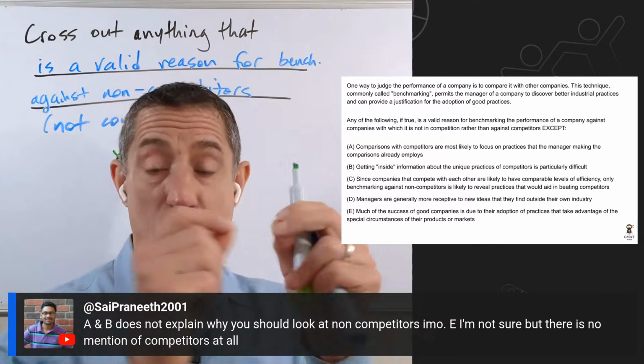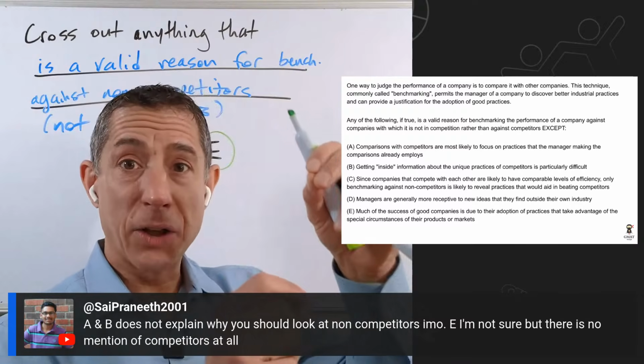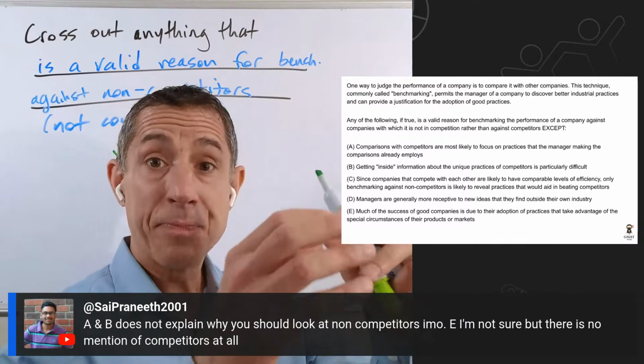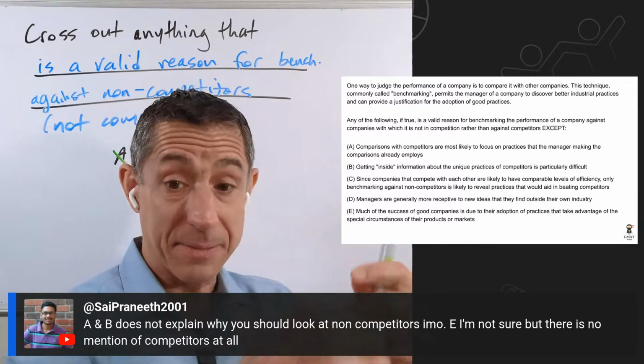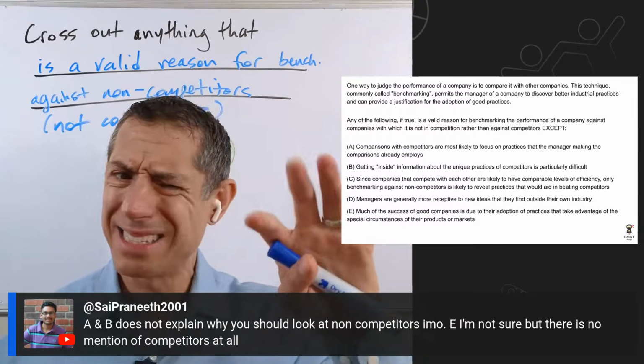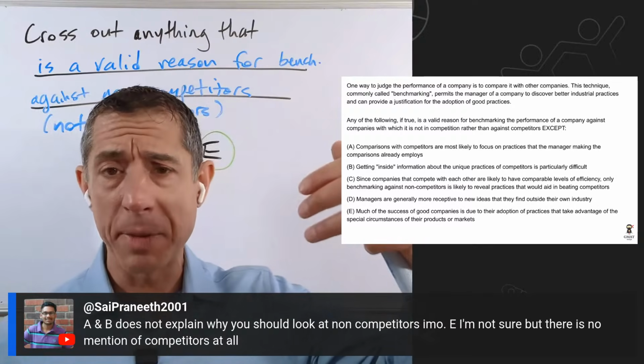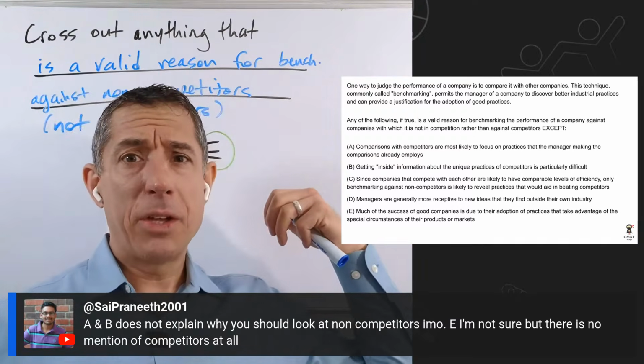Yeah. So thought number one is you're not looking for perfect. You're looking for a valid reason. It doesn't have to address everything. It can address one part of it here, and that's fine. Second thing, and again, Sai, I don't know that this is what you're doing, but it's a thing I see a lot from people. You don't want to word match.